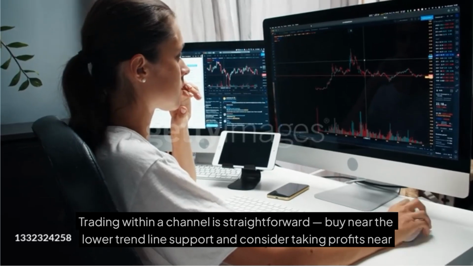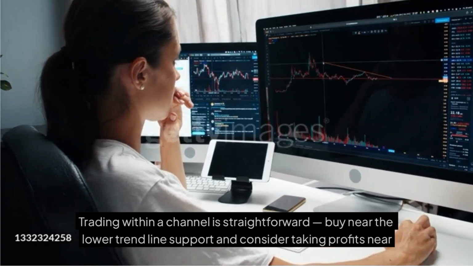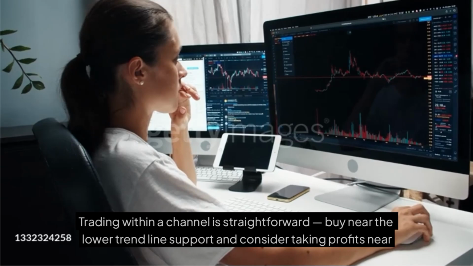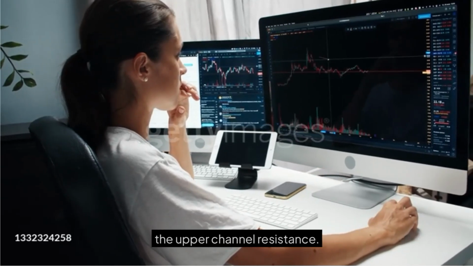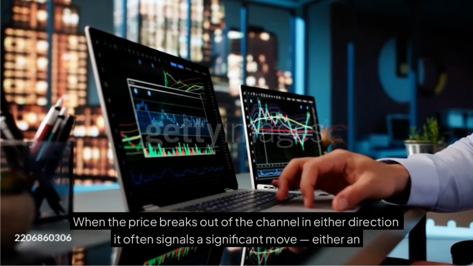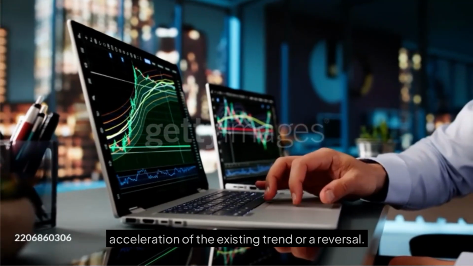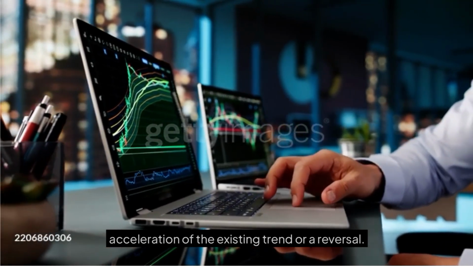Trading within a channel is straightforward. Buy near the lower trend line support and consider taking profits near the upper channel resistance. When the price breaks out of the channel in either direction, it often signals a significant move, either an acceleration of the existing trend or a reversal.